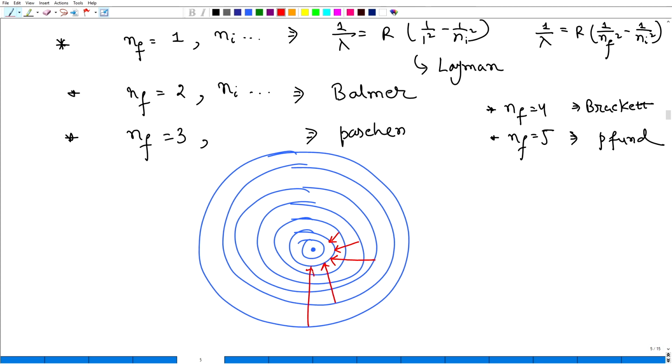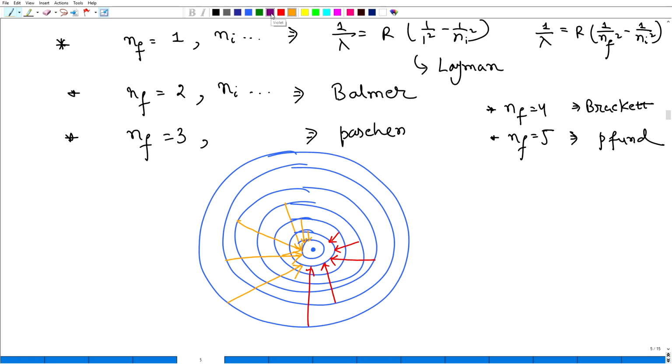So these are the Balmer lines of the Balmer series. Okay, the red lines. For 1 it will be from 2 to 1, 3 to 1, 4 to 1, 5 to 1, 6 to 1, 7 to 1. So this is the Lyman series.